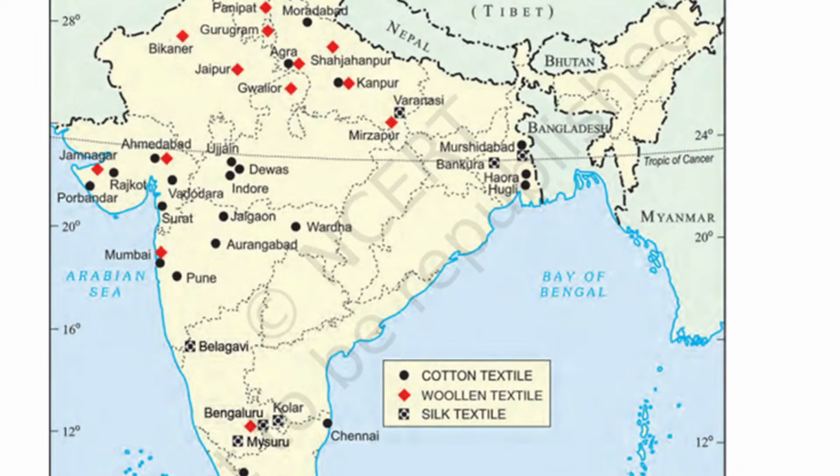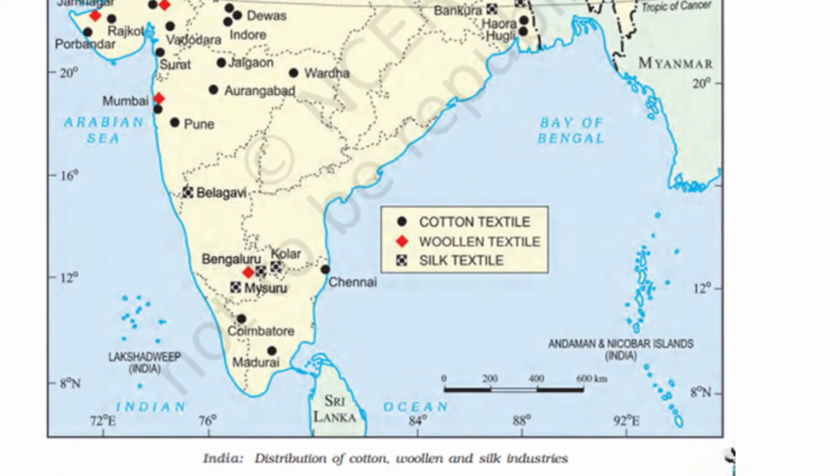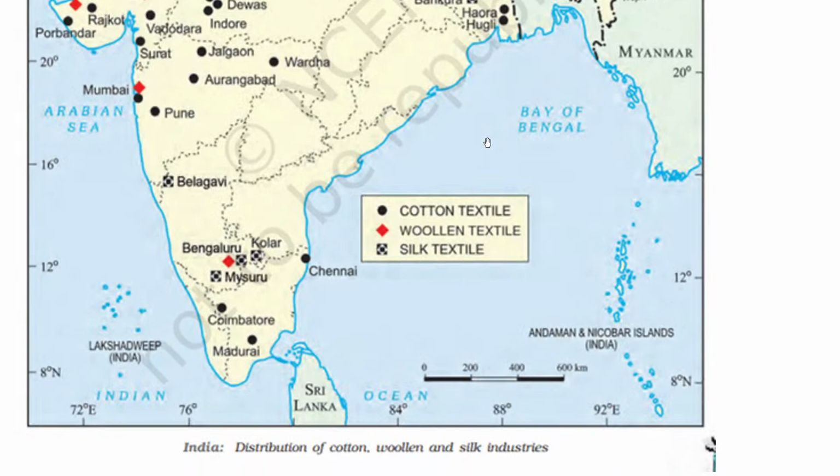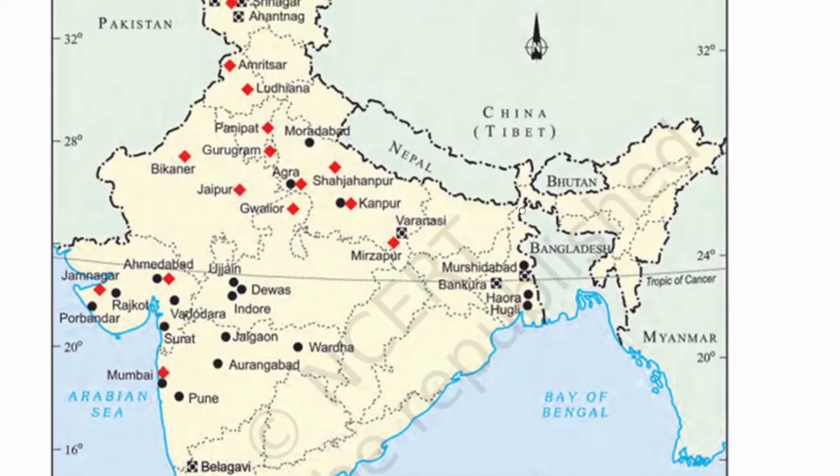They are famous for cotton textile. Then in Madhya Pradesh, like Dewas, Indore. In Maharashtra, Mumbai, Pune, Jalgaon, Aurangabad, Wardha. In Tamil Nadu, like Coimbatore, Madurai, Chennai. So these are the cotton textile industry centers in India.